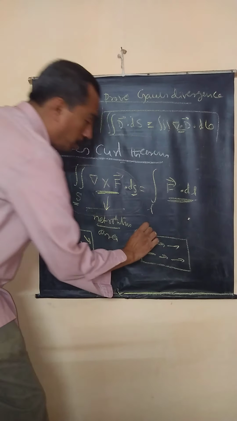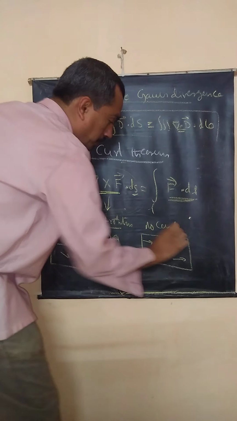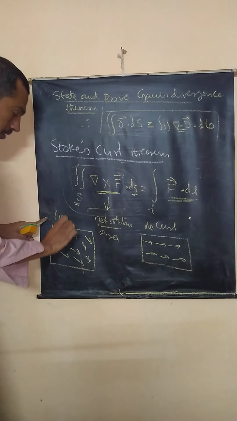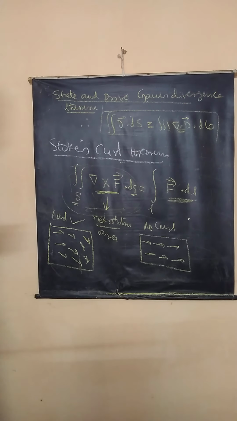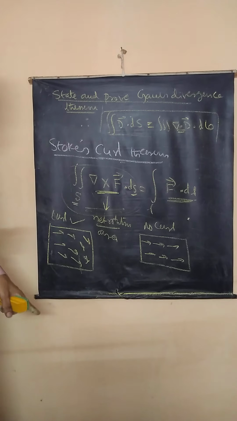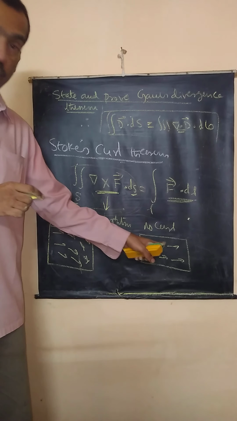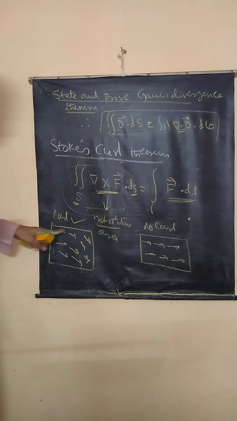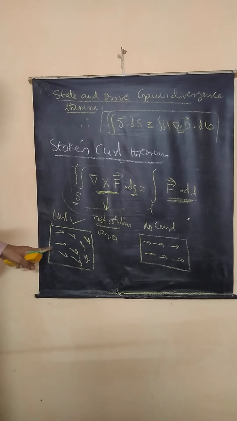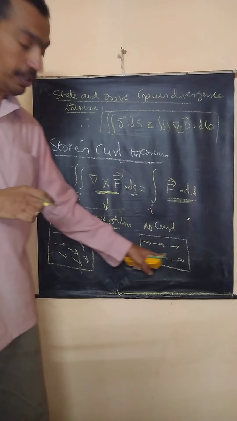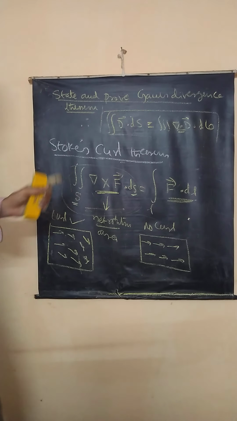There is no curl here. Here curl exists. Correct? Please try to understand this. Here there is no curl, no rotation. Here there is rotation in space. So this field vector has curl. Here there is no curl.